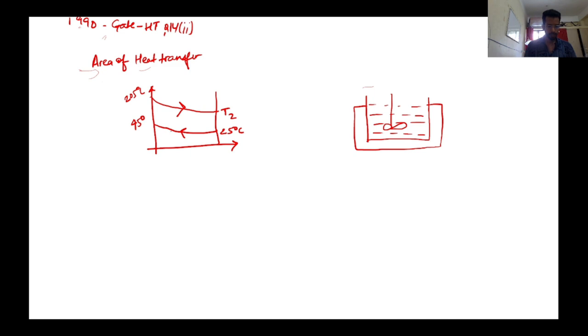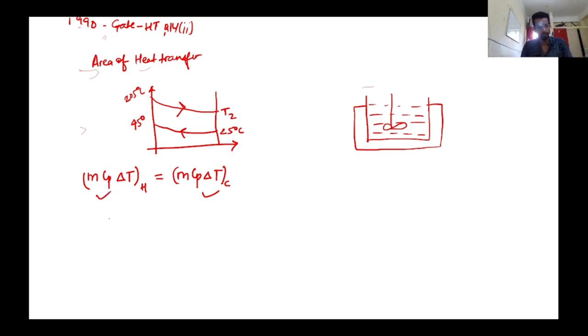Now, just apply the basic energy balance equation for a heat exchanger: mCp delta T of the hot fluid is equal to mCp delta T of the cold fluid. Heat gained by the cold fluid is equal to heat lost by the hot fluid.